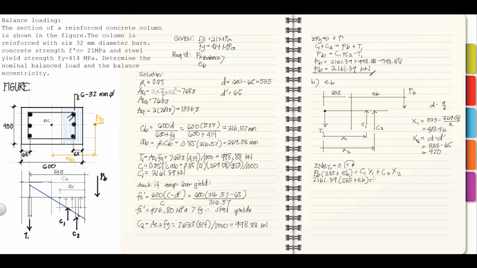Our C1 is 2161.39 multiplied by X1, 400.46. Plus po natin ng C2. Ang C2 natin is 998.88 multiplied by 470. Okay, so we will get EB using shift solve, class. Makukuha na natin yung EB dito.